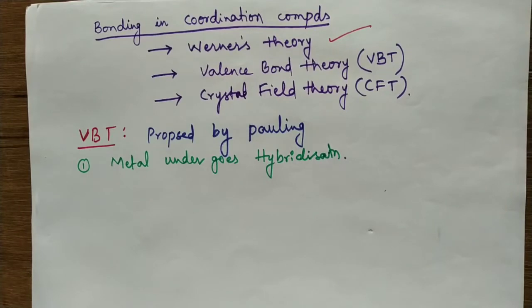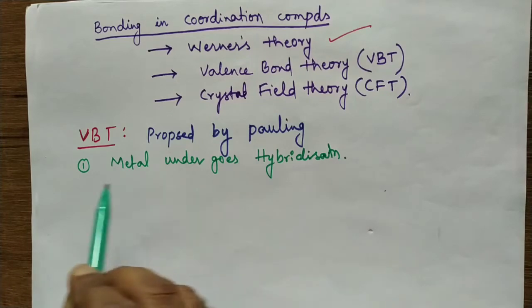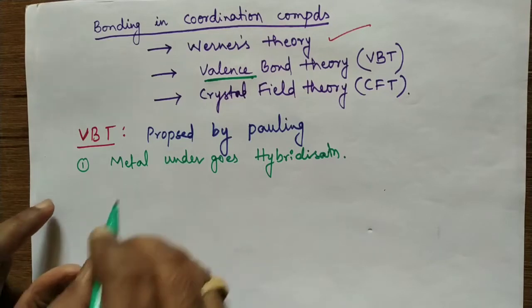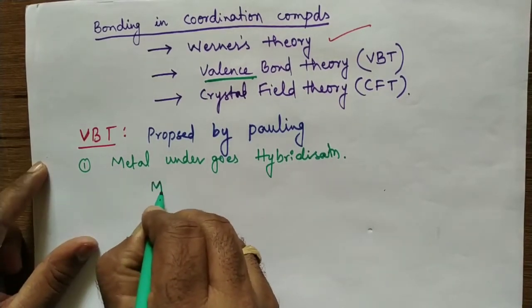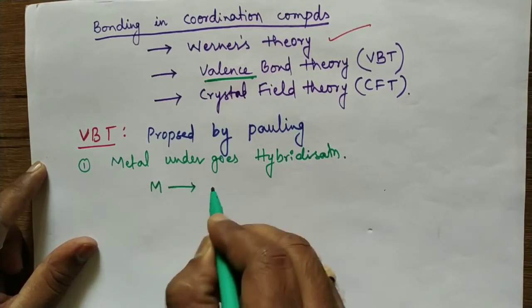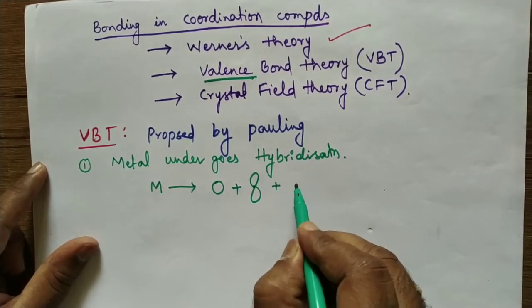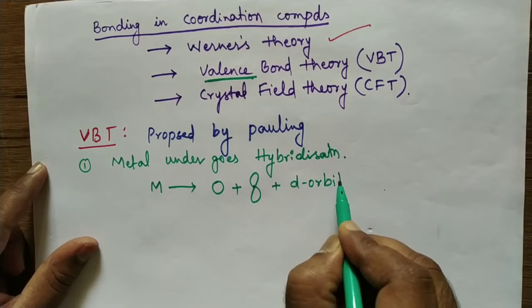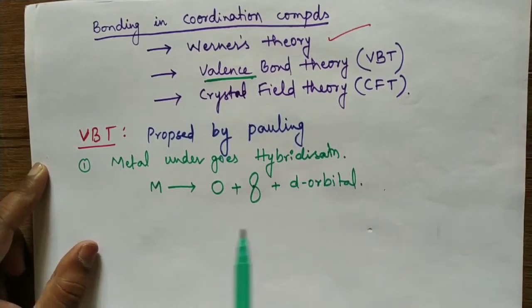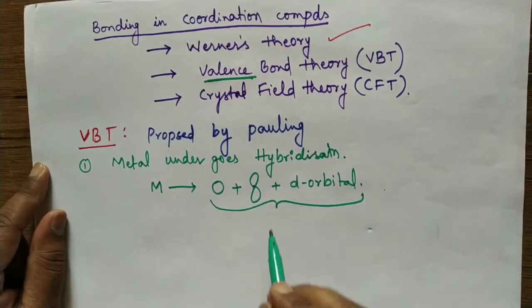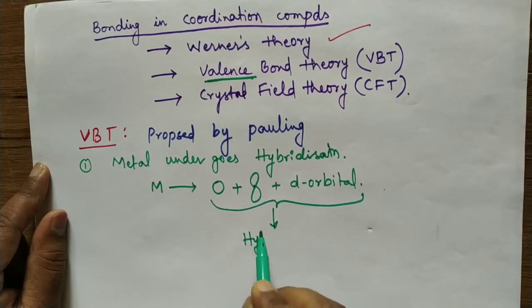Mixing of valence orbitals. In VBT, mixing of valence orbitals results in hybrid orbitals. So, the metal generally undergoes hybridization that gives the hybrid orbitals. The metal uses s orbitals, p orbitals plus d orbitals. Sometimes s and p orbitals, sometimes s, p and d orbitals mix together to form hybrid orbitals.